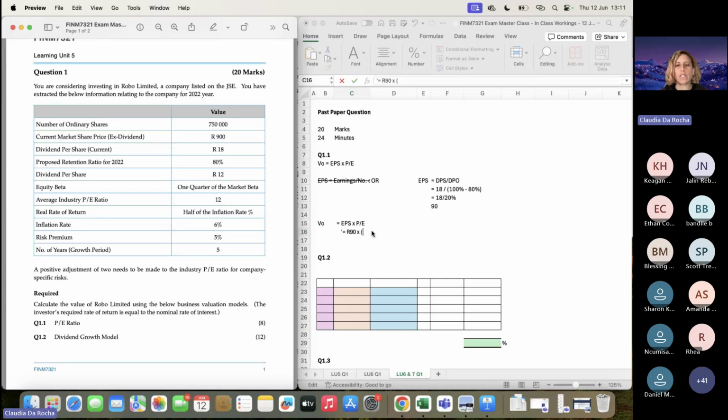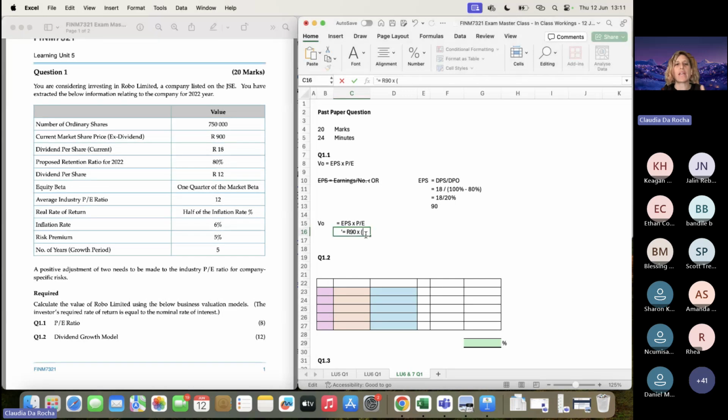Okay, so this is where I say to you that they can ask it in different ways. They could have asked us to calculate the PE ratio, but here they've actually just asked us to adjust. So it can be asked to you in different ways. This is one of the ways. So we know that our PE ratio is 12, and we're going to increase it by 2 because they said it's positive. Which then gives us the 90 times 14.